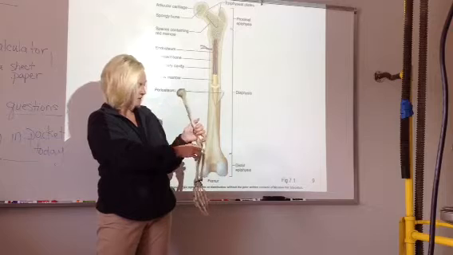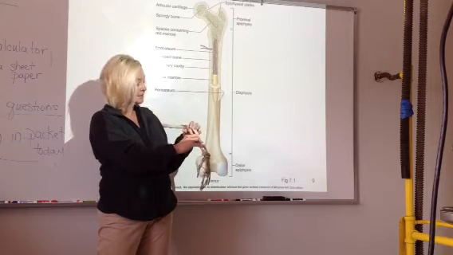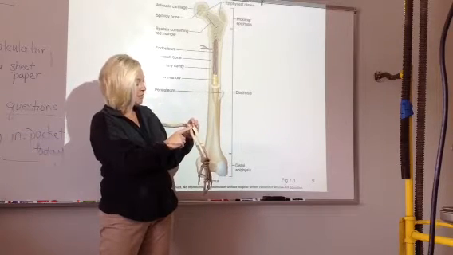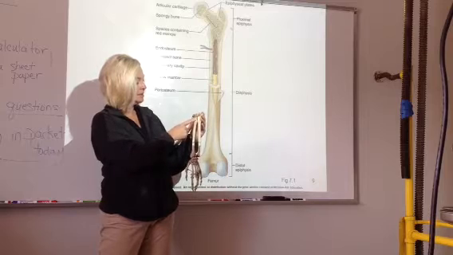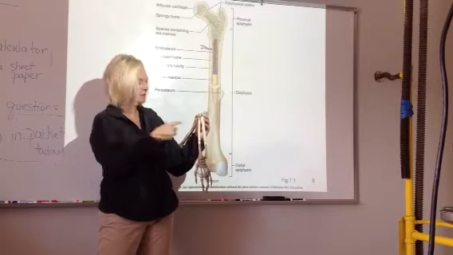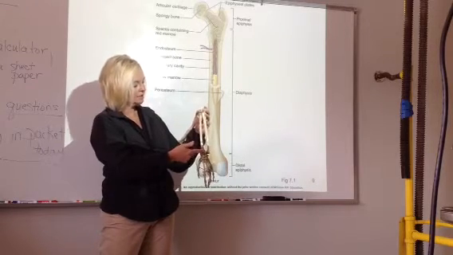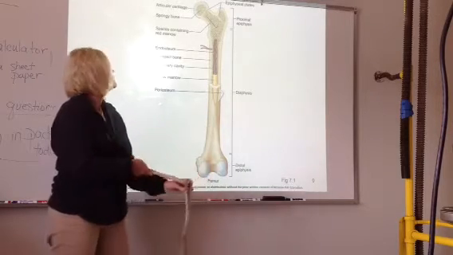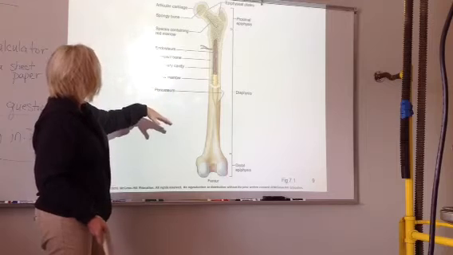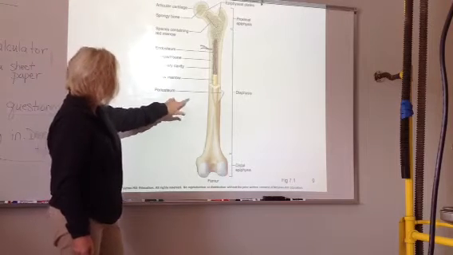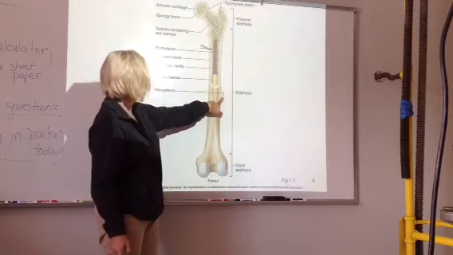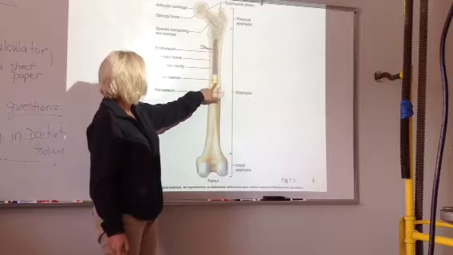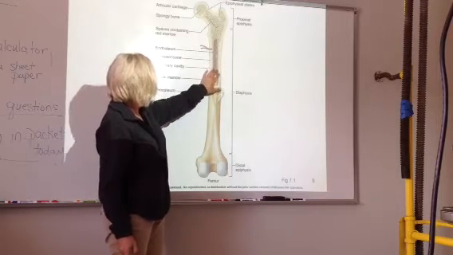So if I move down to my radius, this would be the proximal end of my radius because it's closest to the point of attachment. And that would be the distal end because it's further away. And here it just shows the diagram. You can see periosteum is on the outside. Here's the yellow marrow filling in the cavity.